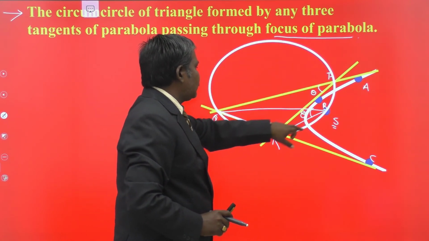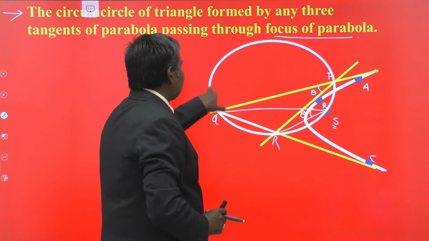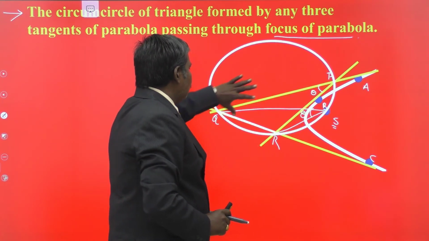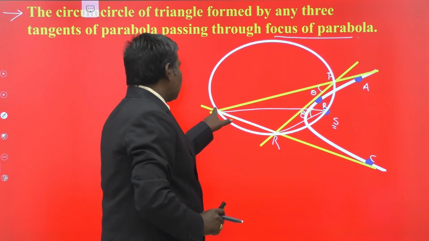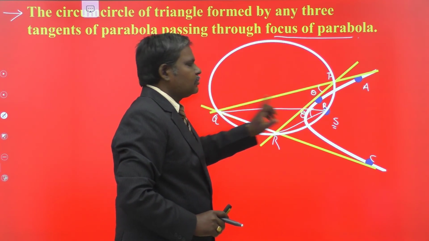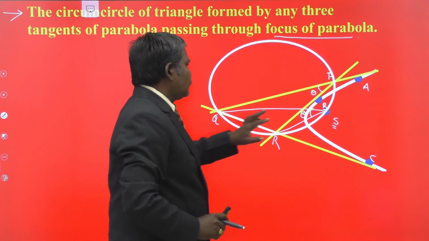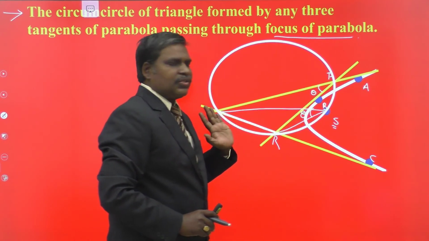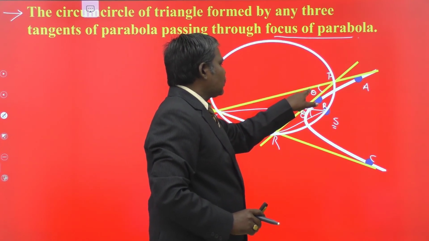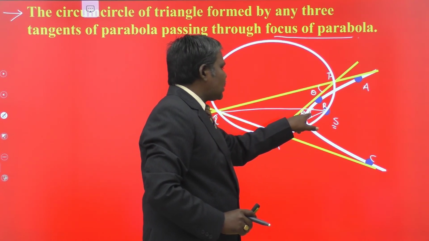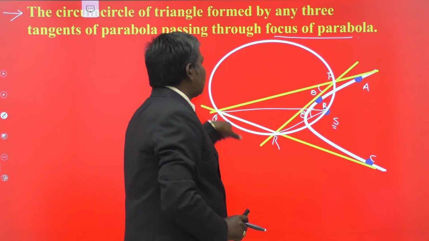So this is one of the segments, this is another segment, and this is the major arc of the circle. The angles are always the same. If you show this one is also theta, that point lies on my circle.